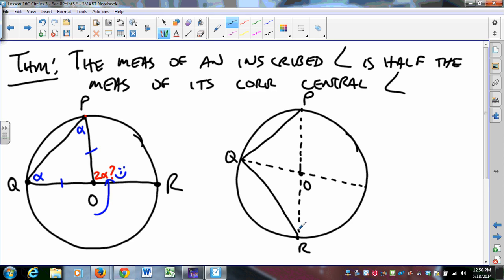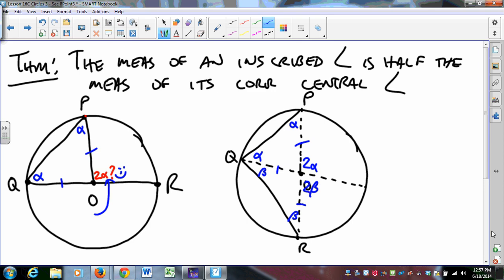I'm trying to show that if the inscribed angle has measure alpha plus beta, the central angle has measure 2 alpha plus 2 beta, and that's not too hard. Again, isosceles triangle, so that's alpha, that's a nice exterior angle. Isosceles triangle, so that's beta, that's an exterior angle. So no trouble there either.